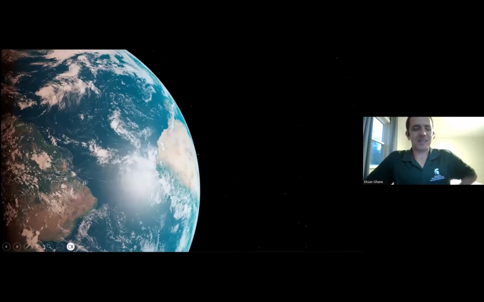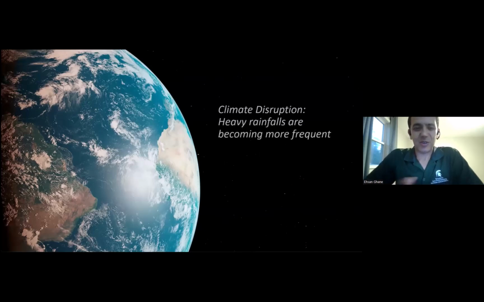This is a beautiful photo of our planet Earth. And you have experienced a climate disruption, of course. In this case, I'm talking about those heavy rainfalls that we get during the year, and they've become more frequent.